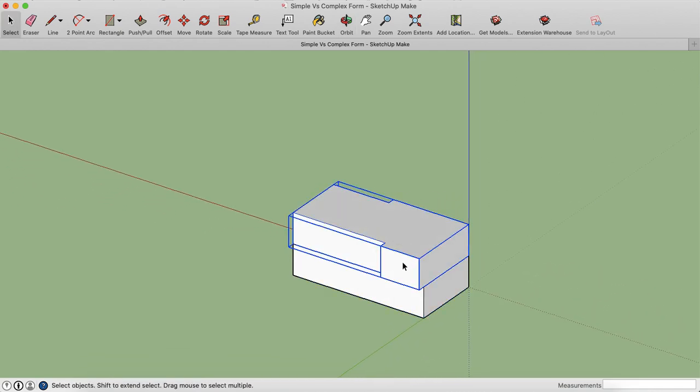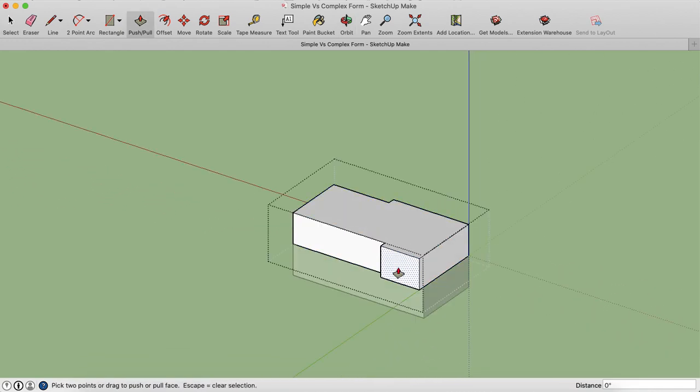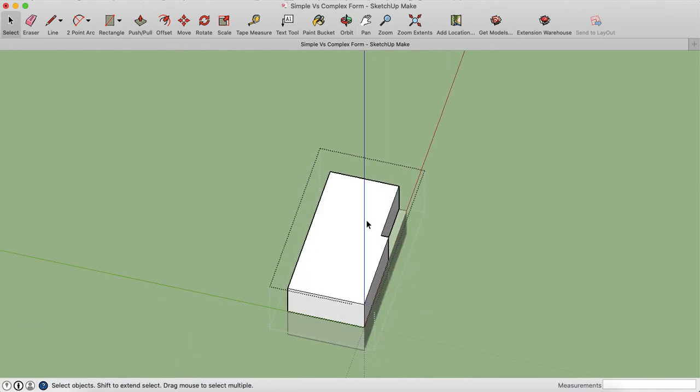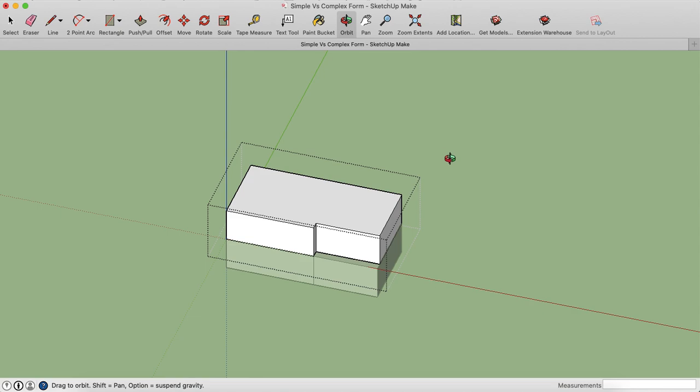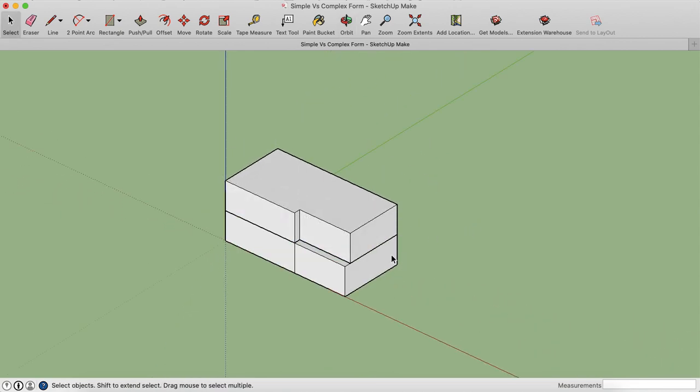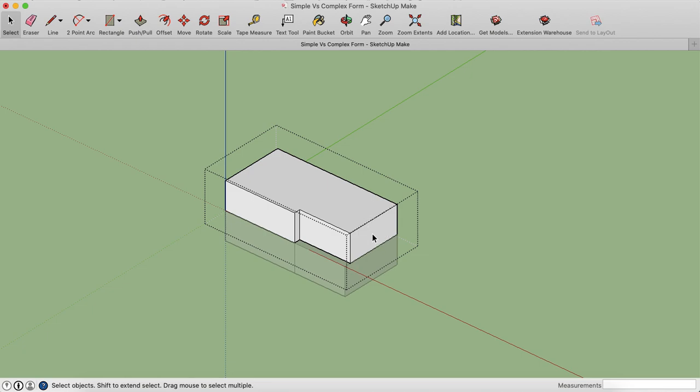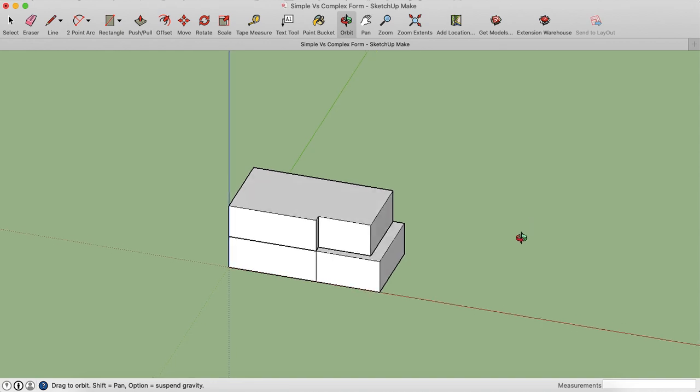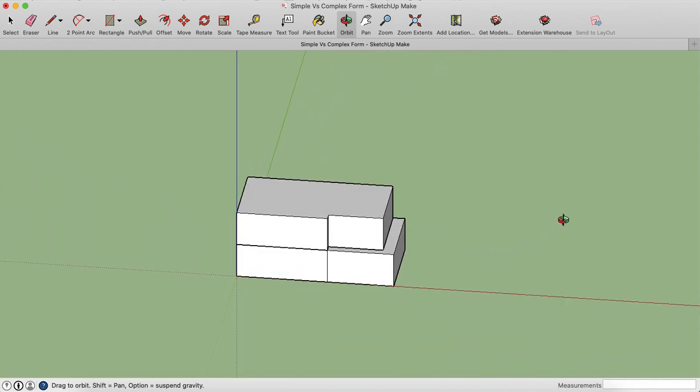I'm going to push this one back in. So furthermore, on the uppermost floor, if we were to make another change here to the length of the building and push this in, say by 3 feet, again we're producing a different form to the building, some more articulation.